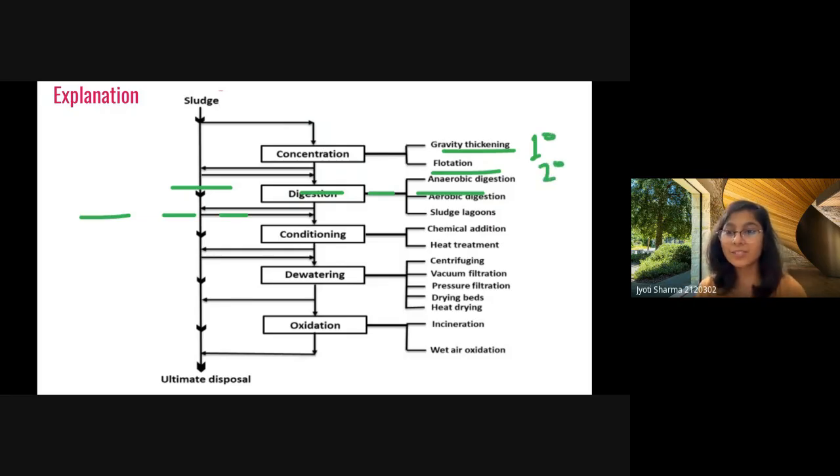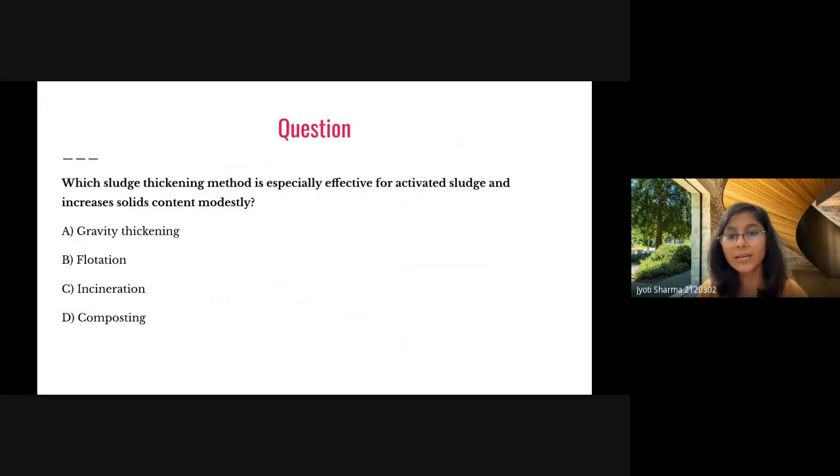Different techniques are for different types of sludge. Here in the question, we are talking about the sludge that we get after the secondary treatment process, because this is activated sludge. So for activated sludge, what kind of method is more effective? It is flotation. Yes.